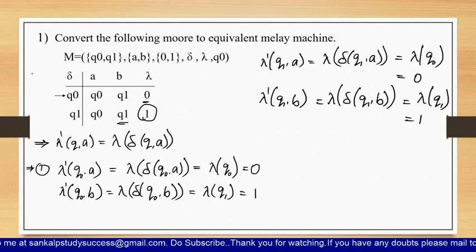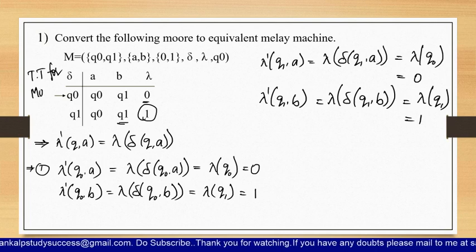This is the transition table for Mealy, right? In case you draw the transition table for the Mealy machine, then you will get the transition diagram of the Mealy machine.